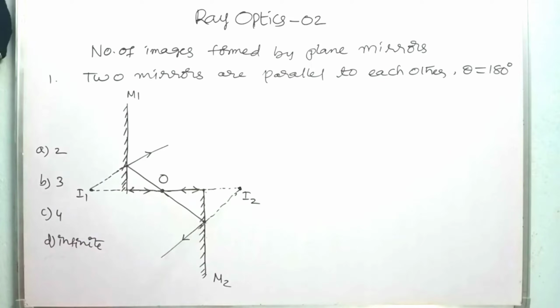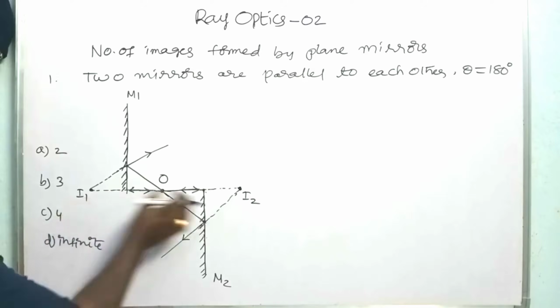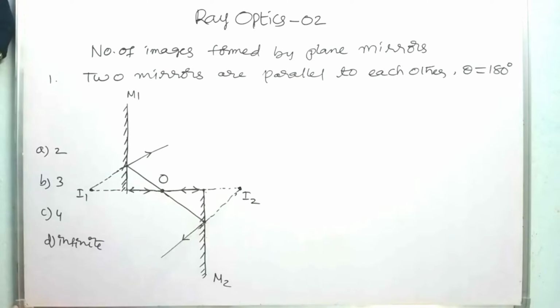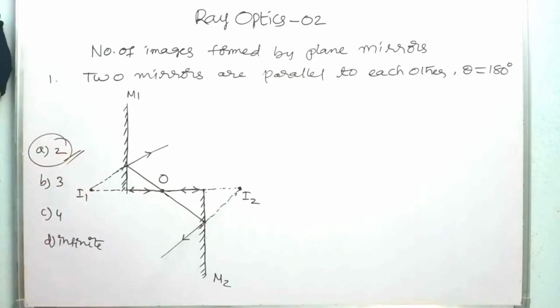Here there is no chance to form more images. There is only a chance to form 2 images. So here 2 is the answer. You should not be confused here.